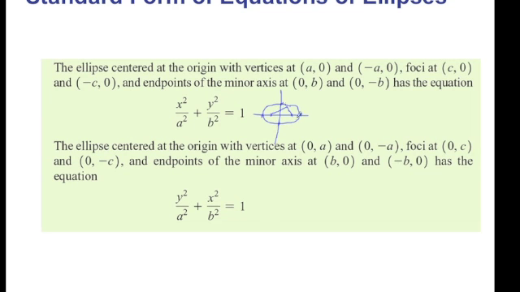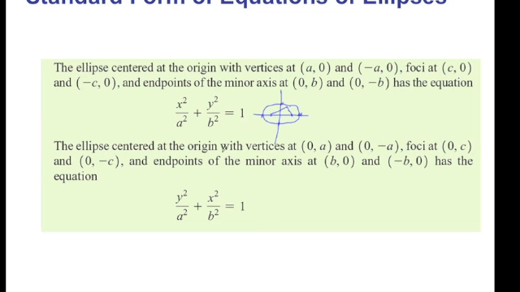The distance here and the distance here added together stays the same. Now notice, this is the horizontal ellipse: x squared over a squared plus y squared over b squared equals 1.